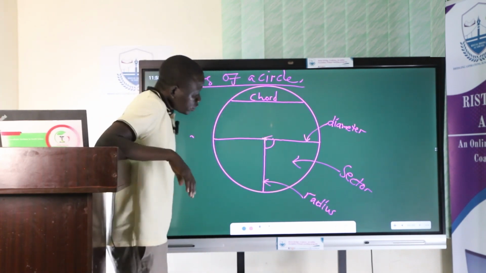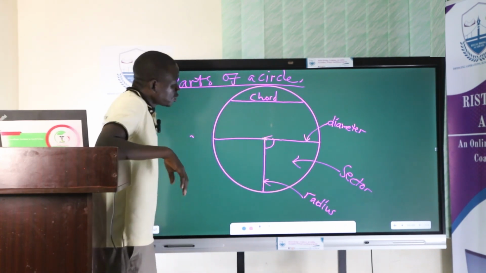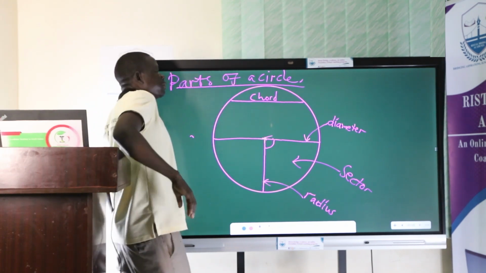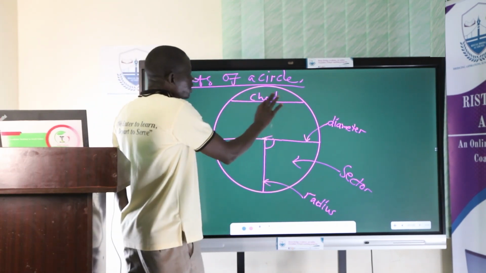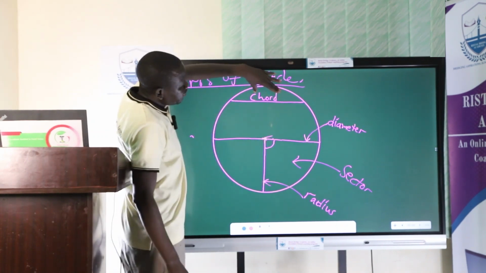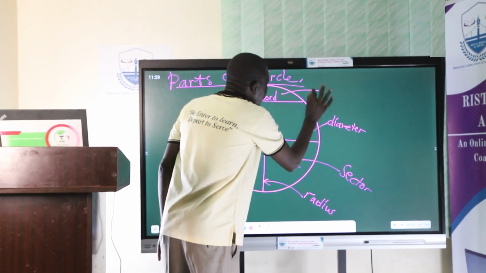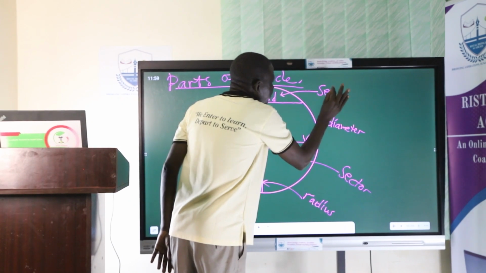Then we also have what we call a segment. We find that if this is the chord, it divides the circle into what we call segments. This part is what is referred to as the segment. So this is minor segment or small segment of the circle.